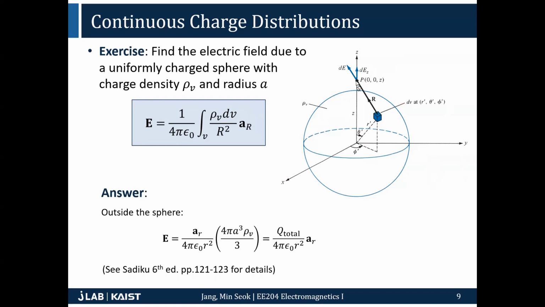But if you want to evaluate the electric field inside the sphere, then your electric field is proportional to R. We will learn about this in Gauss' theorem again. But anyway, in this example, because your position of interest was outside the sphere, it's just proportional to 1 over R squared.